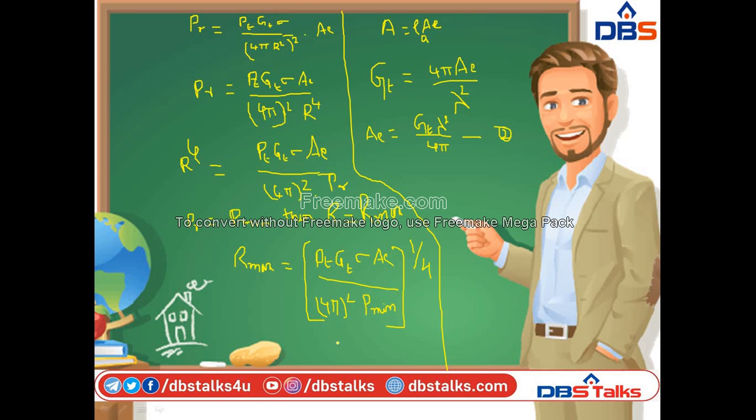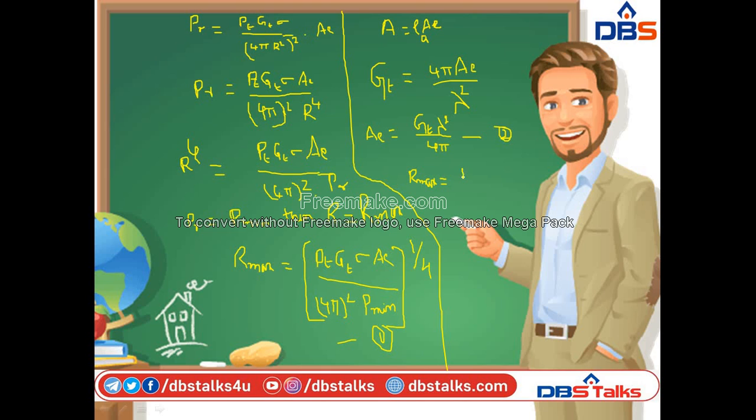R max equals, this is equation 1. Substitute the value of AE, that equals GT lambda square by 4 pi, here. Then the final result, a modified value: R max equals, instead of AE, we substitute that one.